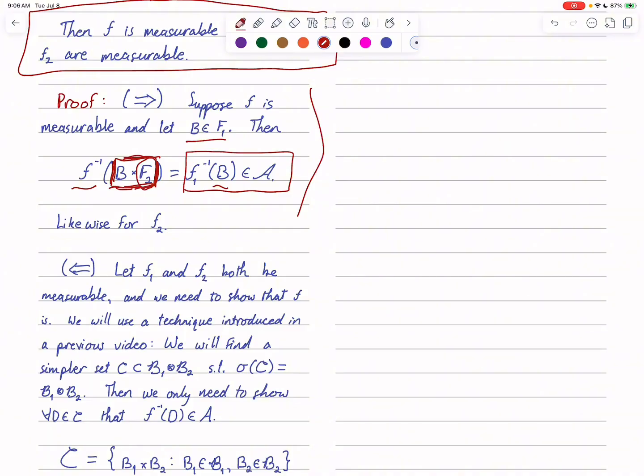So it's measurable, and therefore, when we form the Cartesian product, B cross F2 is measurable in the product sigma field. So great, we have a measurable set, but how do we justify this equation between the two, so that we are still talking about the pre-image of B for f1?